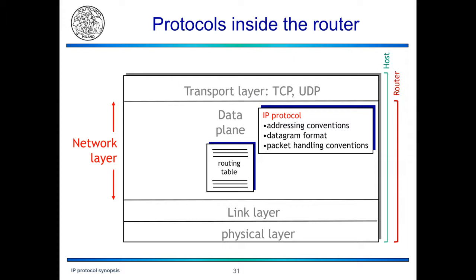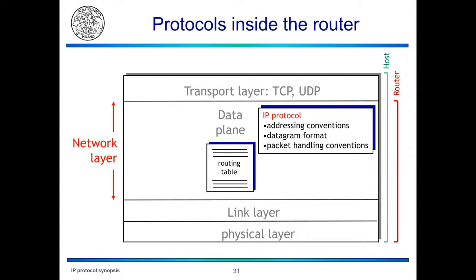So going back for a minute to the complete protocol stack we have already introduced. For this course, it's relevant to understand very well what are the protocols that must be implemented in the router. As we have said, the transport layer and the application layer, that is not presented here, are all implemented in the host, so they are not present in the router.